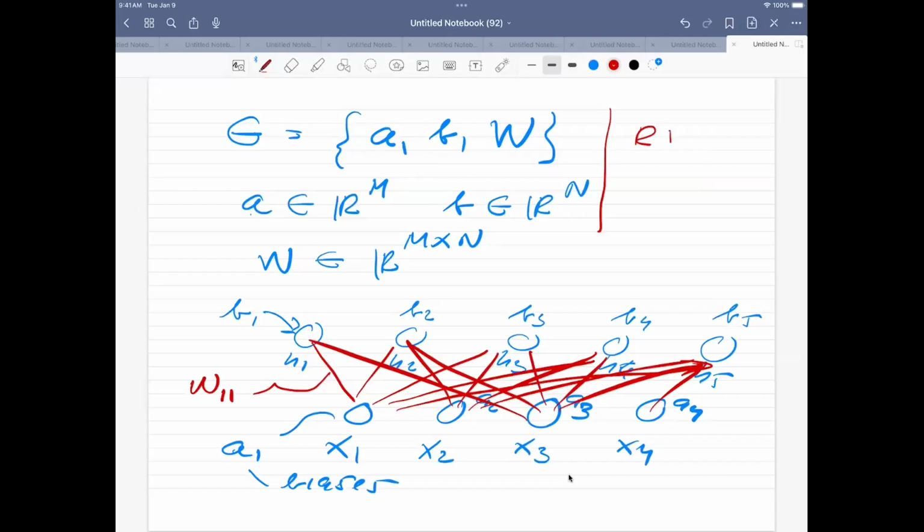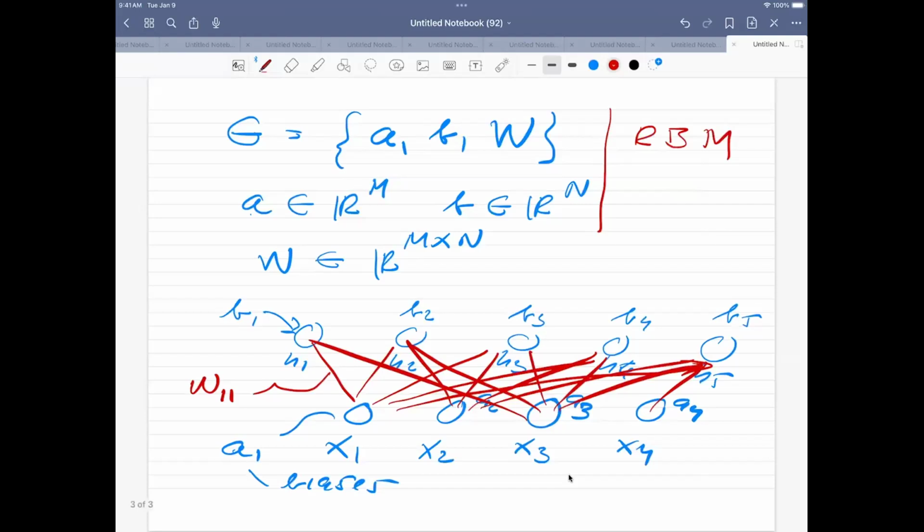This is the basic layout of an RBM. You can have more layers, but that makes everything more complicated. If you have intra-layer connections, this is called a deep belief network. If you leave that out and you have only inter-layer connections and you make it deeper, then this restricted Boltzmann machine becomes a deep Boltzmann machine. But they are more difficult to train. So there's always a kind of balance we have to strike here.